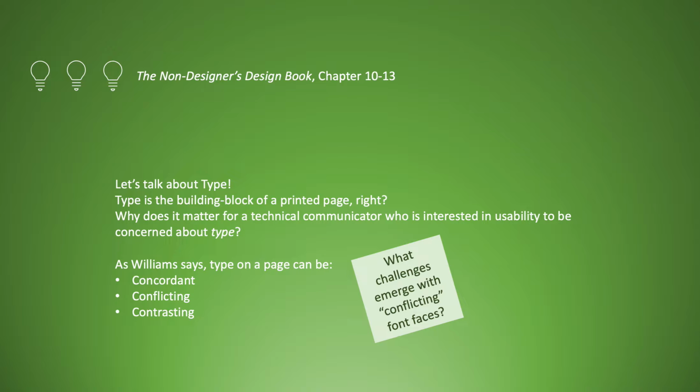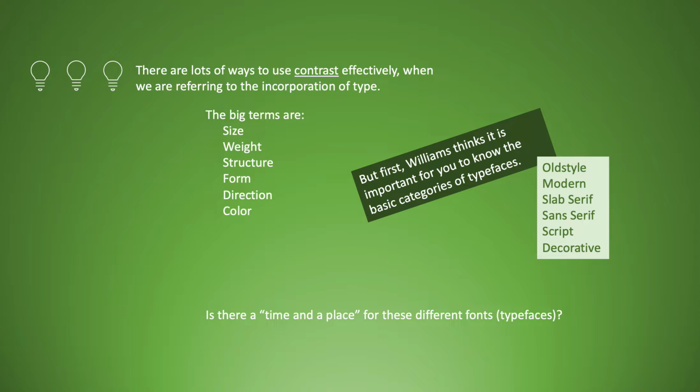That's the middle term here, and I'm highlighting it because I want you to be able to discern why conflicting is not exactly what we're going for. So there are lots of ways to use contrast effectively, however, when we are referring to the incorporation of type. The big terms that Williams brings to you are size, weight, structure, form, direction, and color.